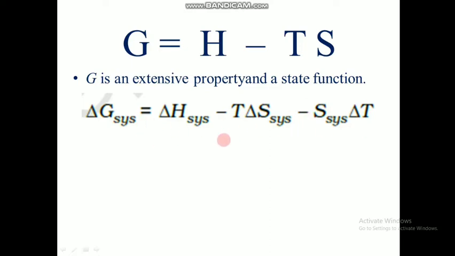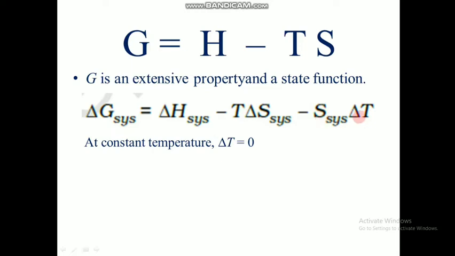That's how we got this equation, and now we are keeping the temperature constant. At constant temperature, when the initial temperature and final temperature are the same, the change in temperature will be equal to 0, as T1 minus T2 is equal to 0. So delta T is equal to 0, and in this equation this term is 0.